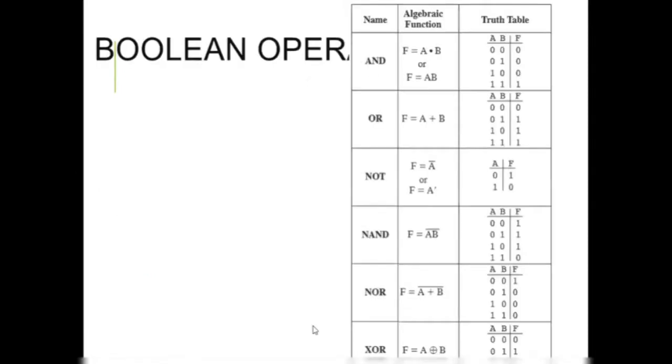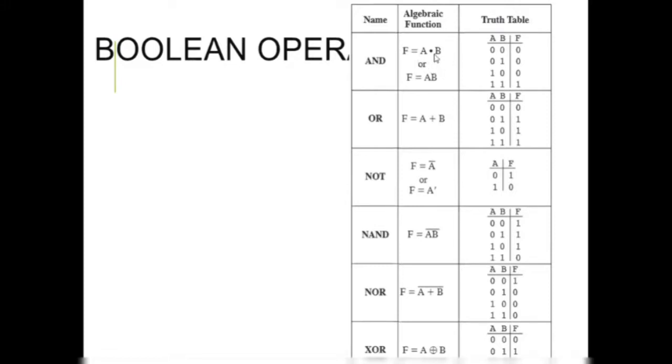In talking about Boolean operations, these are the basic Boolean operations AND, OR, NOT, basically the primary operations, and from them the derived operations NAND, NOR, and so on. Then there are many more. However, we discuss only these. This is just a revision for you.